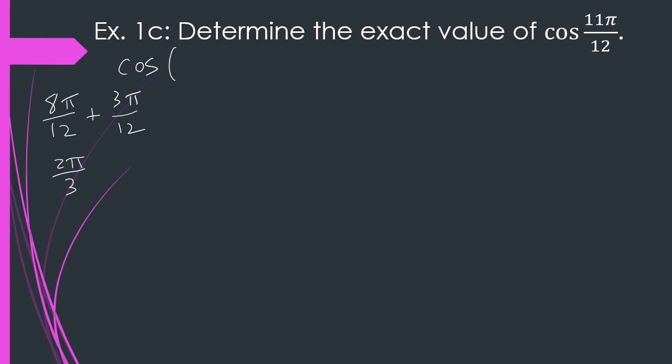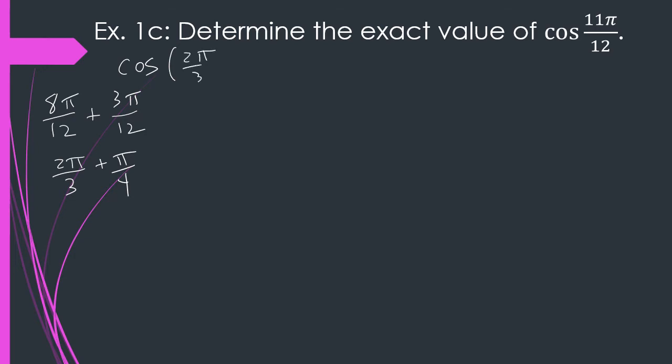Similar to last unit with special angles. And 3 pi over 12, well, that reduces if I divide by 3 to pi over 4, which is definitely a special angle. So I can change cos 11 pi over 12 into an addition compound angle formula.